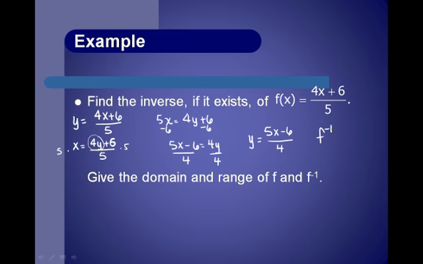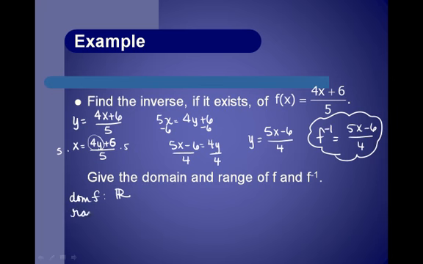Last step says replace the y with f inverse, so our inverse function is going to be (5x minus 6) divided by 4. Okay, again, the domain of f, yes, there is a fraction, but there's no variable in the denominator, which means there's no way that fraction is going to be undefined, so the domain would be all real numbers.